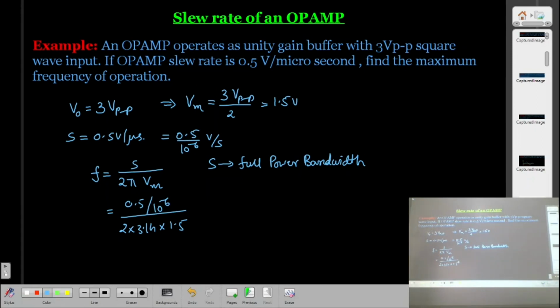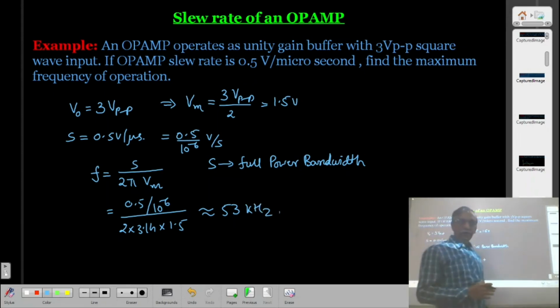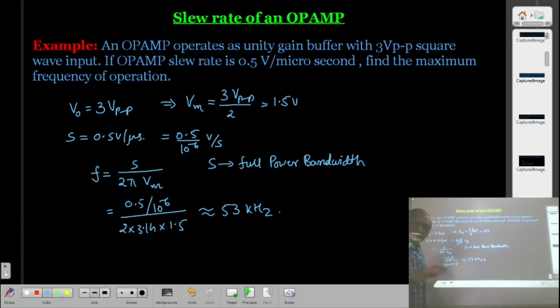Correct? If you calculate this, it will come out to be roughly 53 kilohertz. So up to 53 kilohertz you have an undistorted signal, and after that the distortion will start, meaning your sine wave is going to be converted into a triangle wave.